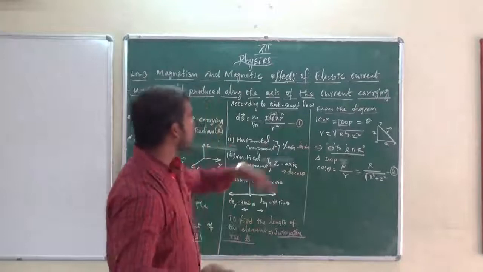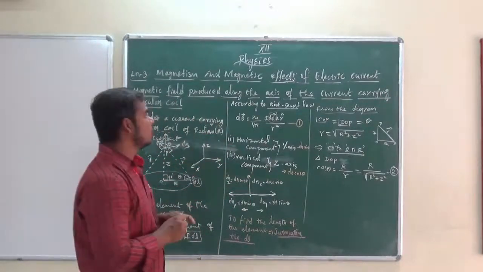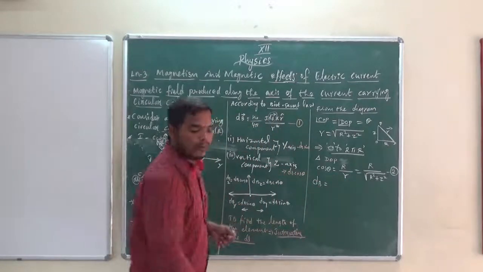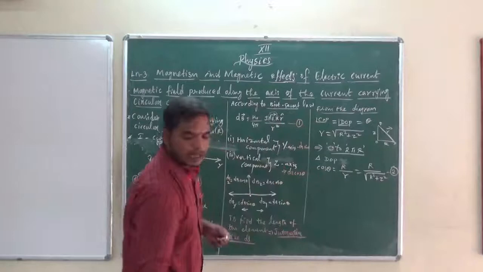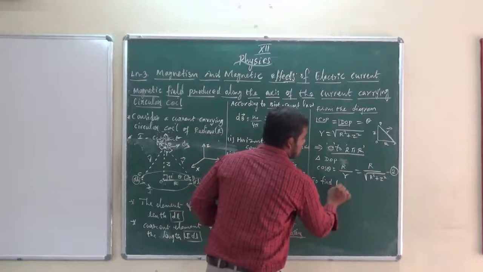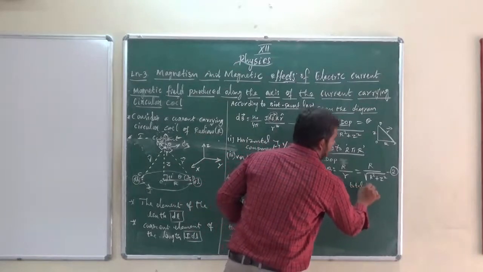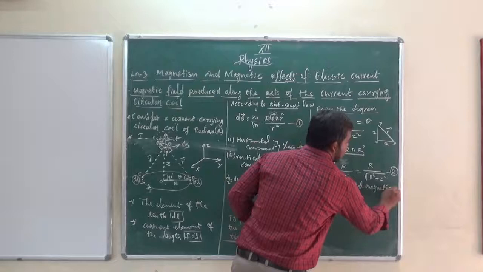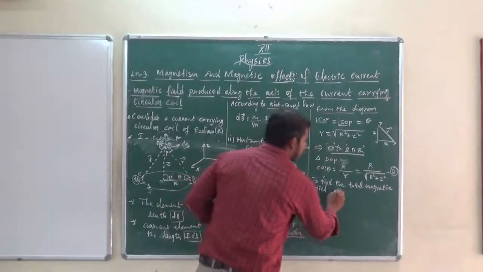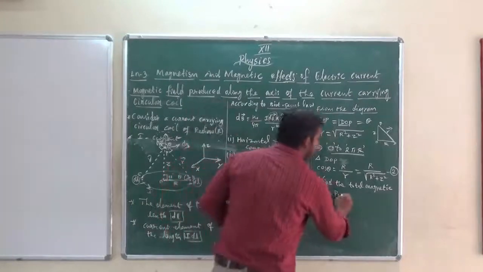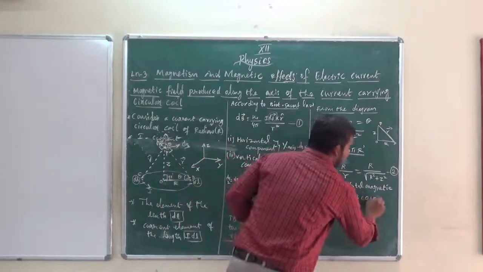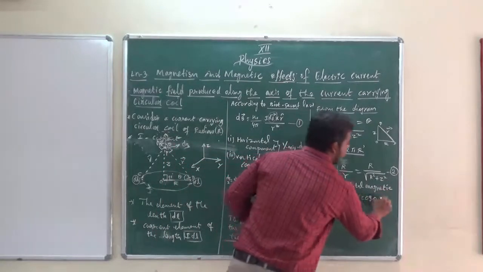Next, these values we have to substitute. Where we have to substitute? See here, dB equal to. To find the total magnetic induction, the total magnetic field or induction, B equal to integration of dB cos theta into k vector.